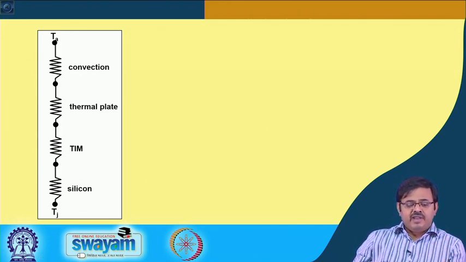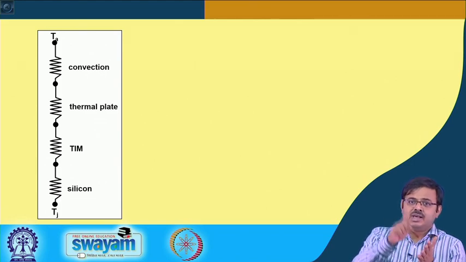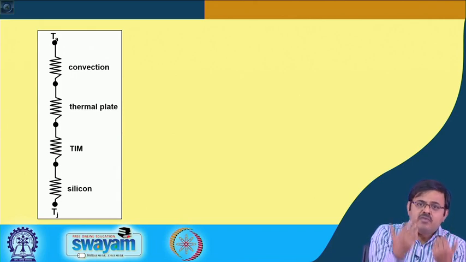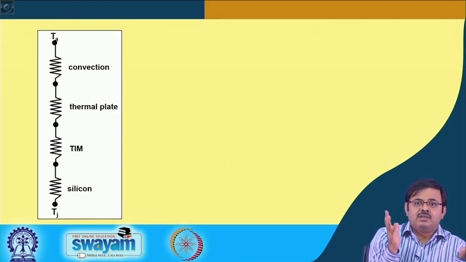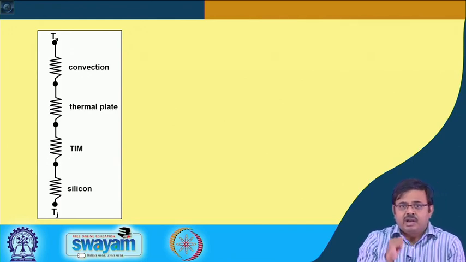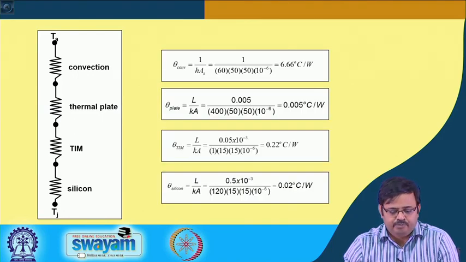So, we agree that we can draw a thermal resistance network like this, exactly analogous to an electrical resistance network, because the heat is flowing in one direction through each of these one after the other, and each of these offers a resistance to the heat flow, because none of them have infinite thermal conductivity, and neither is the convection coefficient infinite. So the resistance is not 0, but what are those?